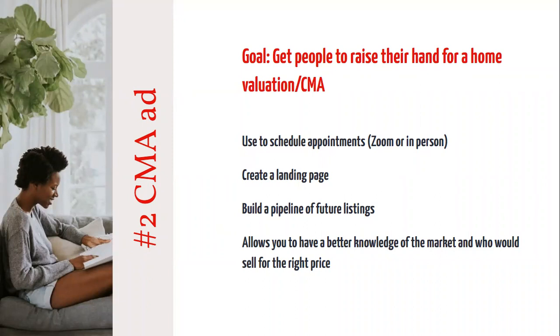The general key: let's say you have 1,000 impressions, you're trying to go for 10%. So 1,000 impressions should get you 100 clicks, which should get you 10 leads. That's the formula that they try to use. So CMA, of course, is basically just doing an evaluation for a seller.